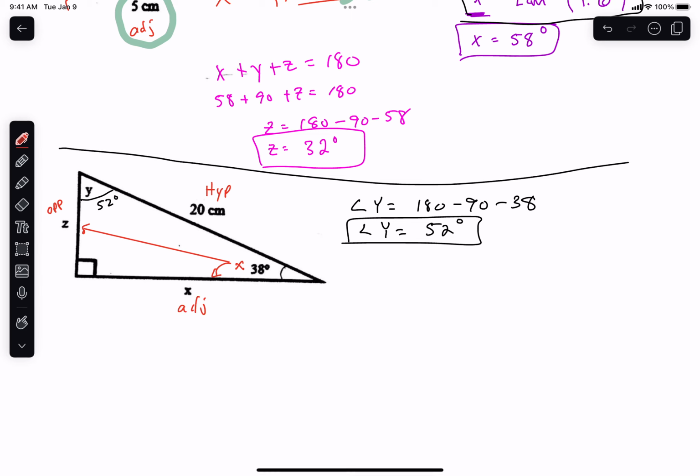So what do you want to solve for, Z or X? It's not a life and death decision. You just pick one. Did I not just pick one? It took a little bit of time.